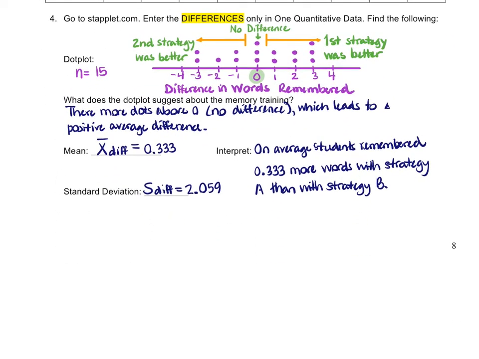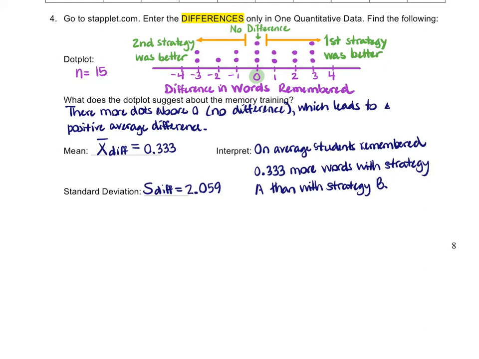Okay? So here you can see the dot plot of the differences of the data that we pretended that we collected because we can't be together right now. And we see if there's no difference between the two treatments, in terms of how many words were memorized and then written down, we would see a difference of 0.